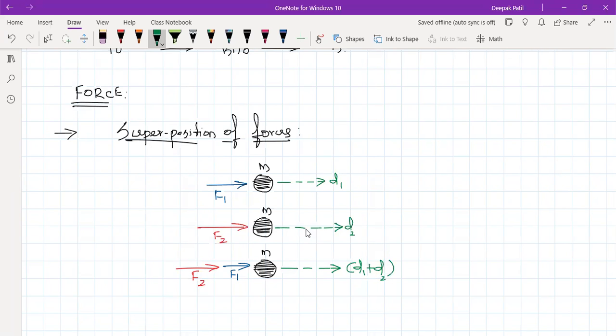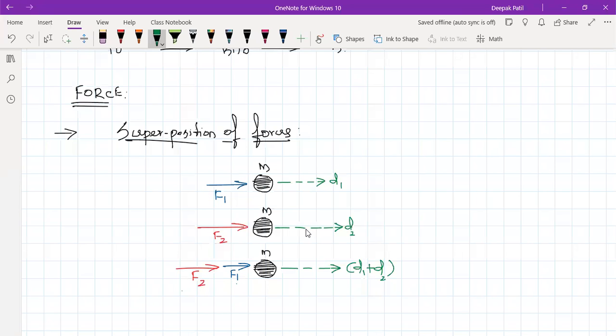Now see these figures, and I will give you the statement so that you can correlate. The principle of superposition of forces states that the combined effect of the force system, F1 and F2, acting on a particle or a rigid body is the sum of effects of individual forces.